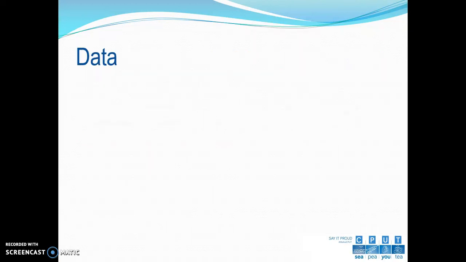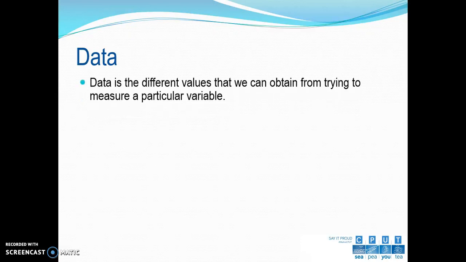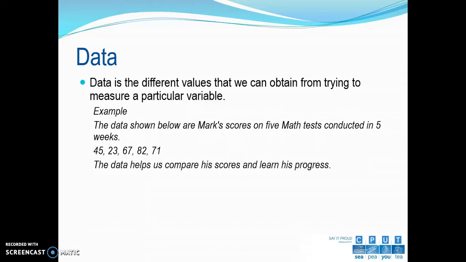Data. What is data? Data is the different values that we obtain from trying to measure a particular variable. The data shown below are mark scores on 5 different tests conducted in 5 weeks. This data helps us to compare his scores and learn his progress.